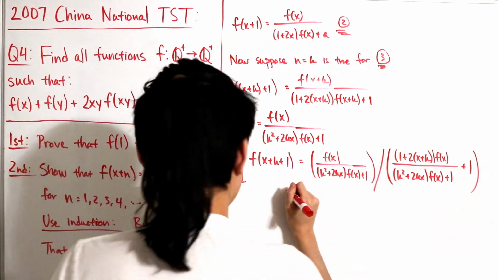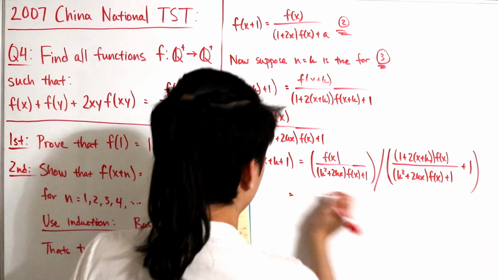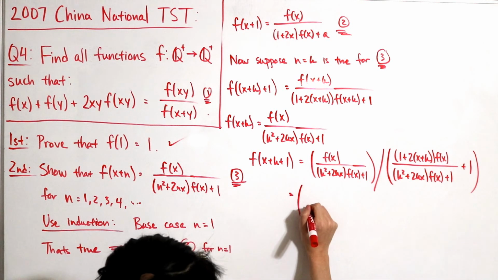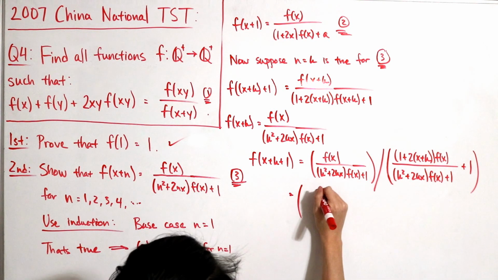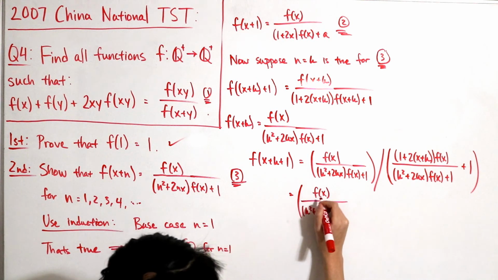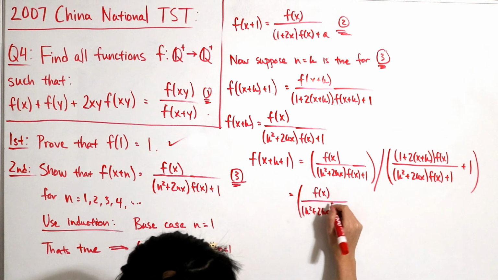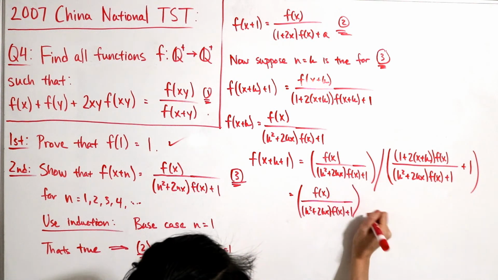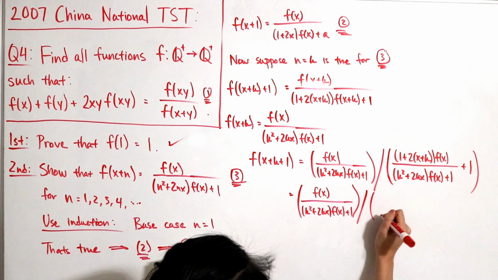Continuing forward, we're doing some algebra. Over here, I'm trying to get a common denominator from the 1. So we're getting the same thing as before: f of x divided by k squared plus 2kx times f of x plus 1. This side is still the same thing. Next, again, we get a common denominator.